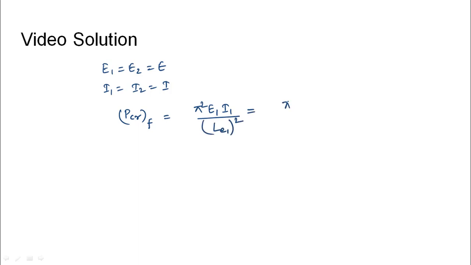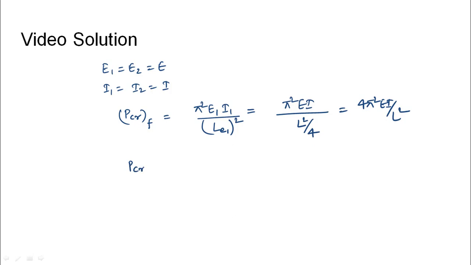So this would become pi square EI by effective length square. So for a fixed column, the effective length is L by 2. So substituting the value, we would get L square by 4. So this would become 4 pi square EI over L square.